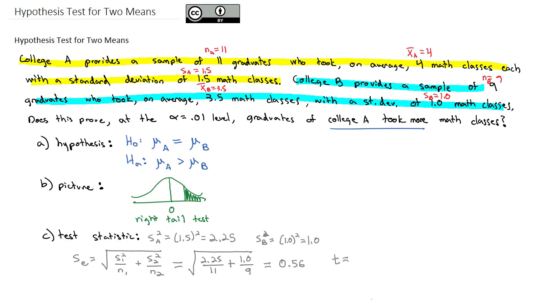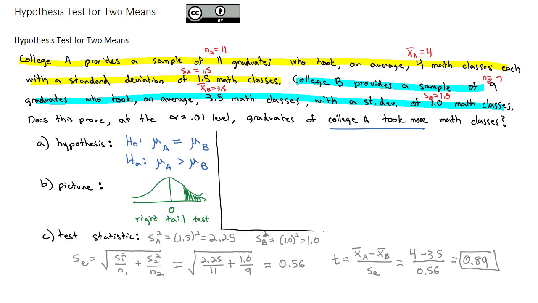And now I can move to finding my test statistic t. For my test statistic, we're going to take the average from the first group, subtract the average from the second group, and divide by the standard error. So for this one, it's going to be the average of the first group, 4 math classes, minus 3.5 math classes, divided by the standard error of 0.56. We end up with 0.89 as our test statistic.